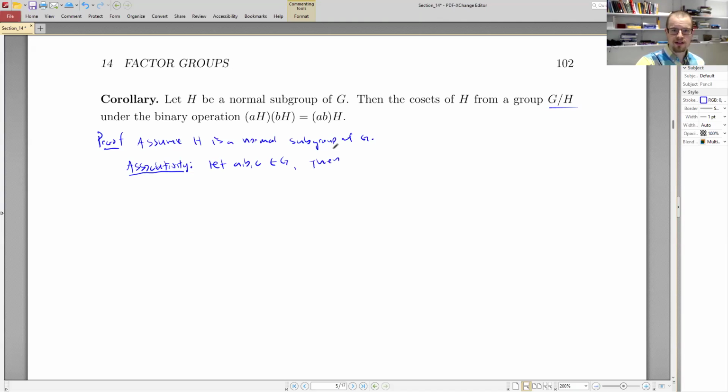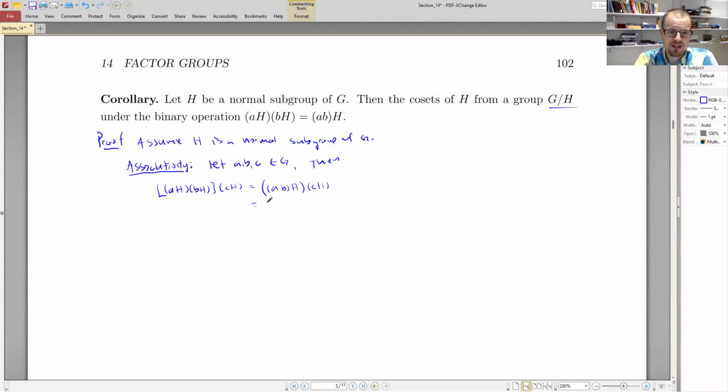Then associativity says that if I take the product of two things, AH and BH, and then I take the product with CH, eventually I want to show that's the same as AH first, and then inside of the brackets, BH times CH. So if I implement the definition here, the first step in our definition is to observe that this is going to be AB times H times CH.